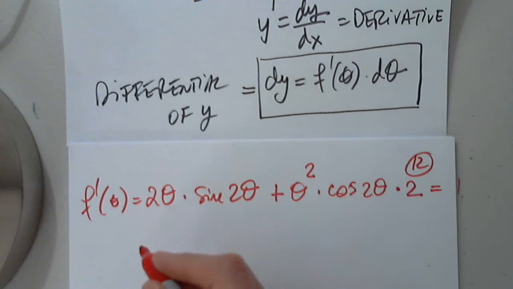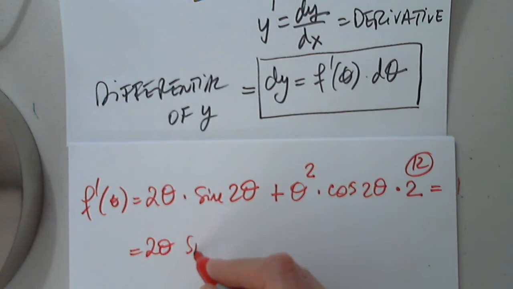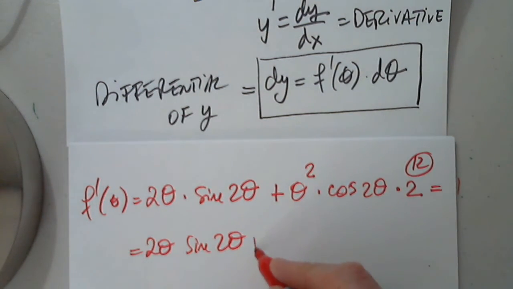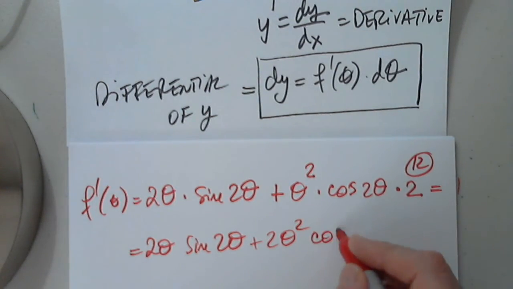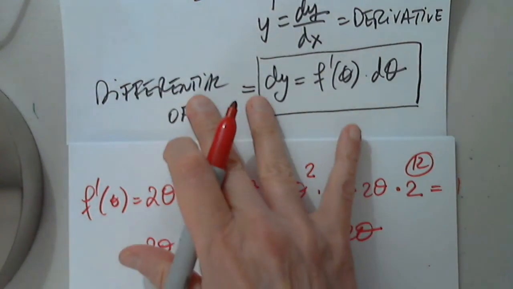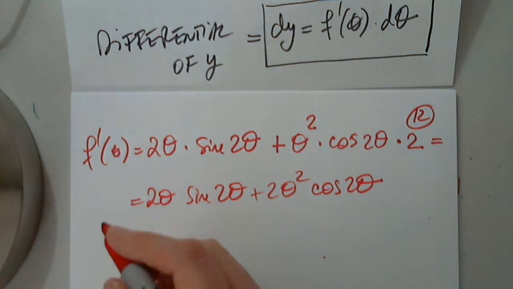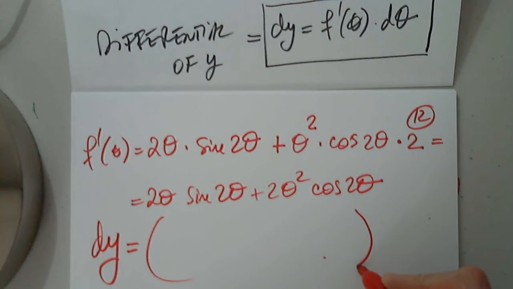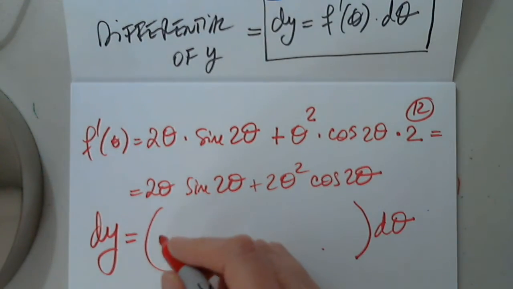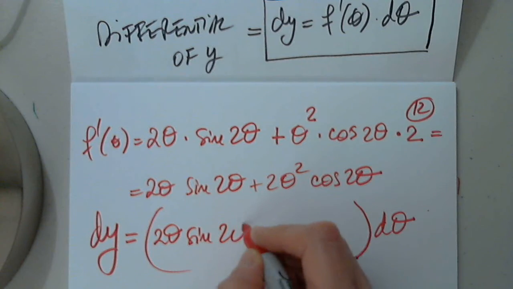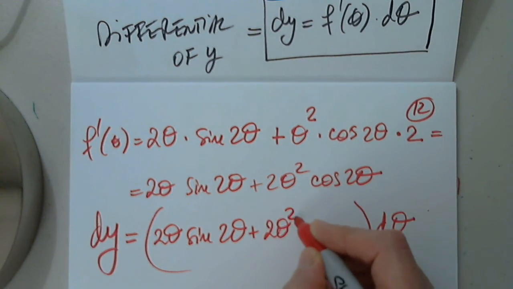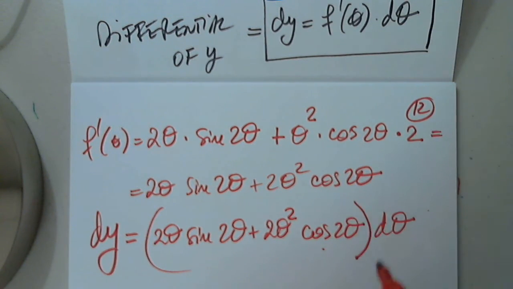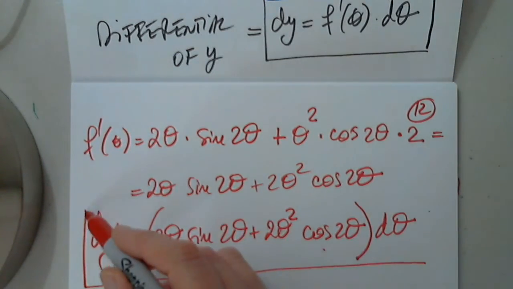So I'm going to just rearrange it a little bit: 2 theta sine 2 theta plus 2 theta squared cosine 2 theta. But this is not the differential. Now we can write a differential. All this has to be in parentheses. If you do not write this in parentheses times d theta, then that would be wrong. So this is 2 theta sine 2 theta plus 2 theta squared cosine 2 theta, and this is the differential of the function.